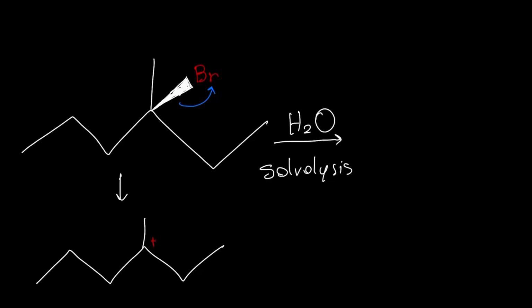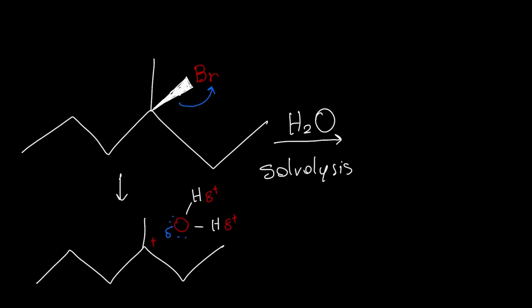And then the nucleophile, which is the water, is going to attack. The way water is a nucleophile is that the oxygen is attached to 2 hydrogens. However, the oxygen is more electronegative than the hydrogen, so it's going to pull these electrons a little more toward itself, and the oxygen is going to bear a partial negative charge, and the hydrogens are going to have a partial positive charge.